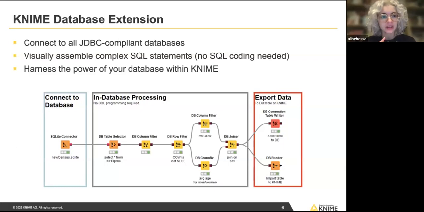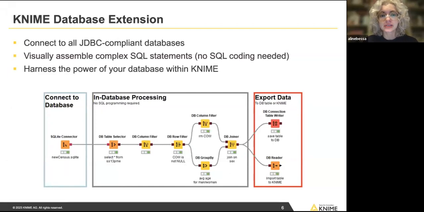So KNIME has a database extension that comes as a built-in. So once you install KNIME, most of the database things are going to be there. Some big data things, if you want to access Azure or Amazon S3, maybe, I'm not sure, but maybe you have to install something extra.